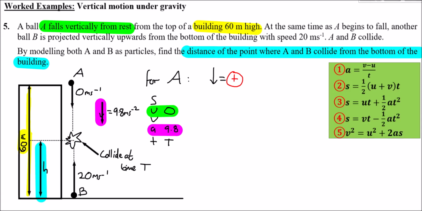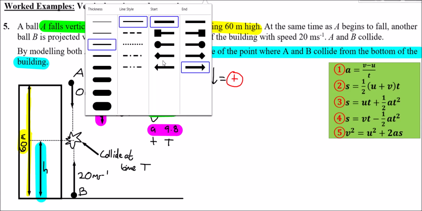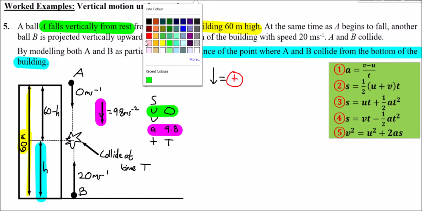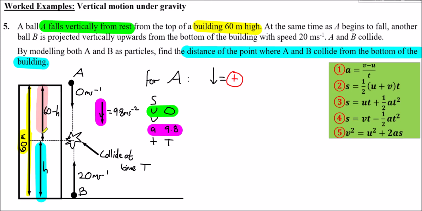So for A though, how far does it travel? Well, we know this building is 60 metres tall, so in terms of h, what's the distance it's going to travel this distance here? Well, if this is h and that's 60, then this distance here will be 60 subtract h. That's what we're going to label in for the displacement of A when it collides with B. The displacement is 60 minus h.